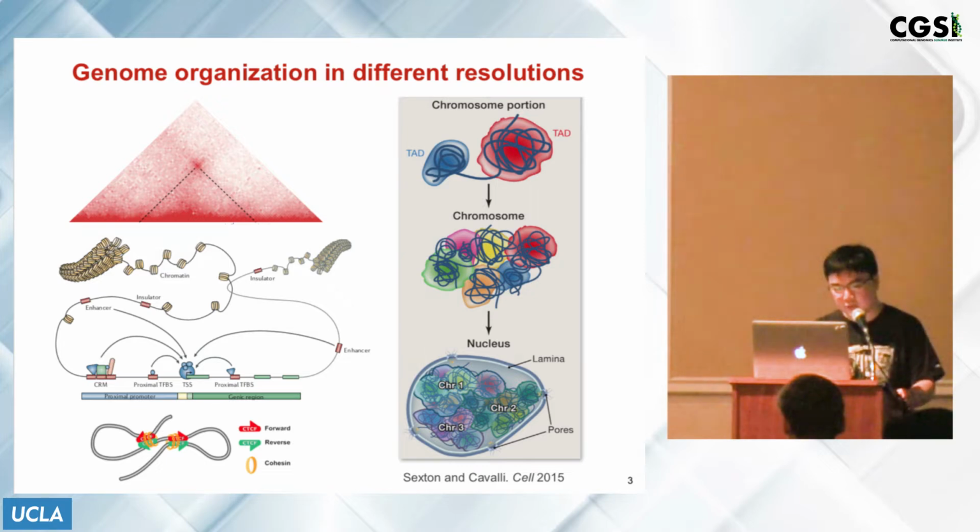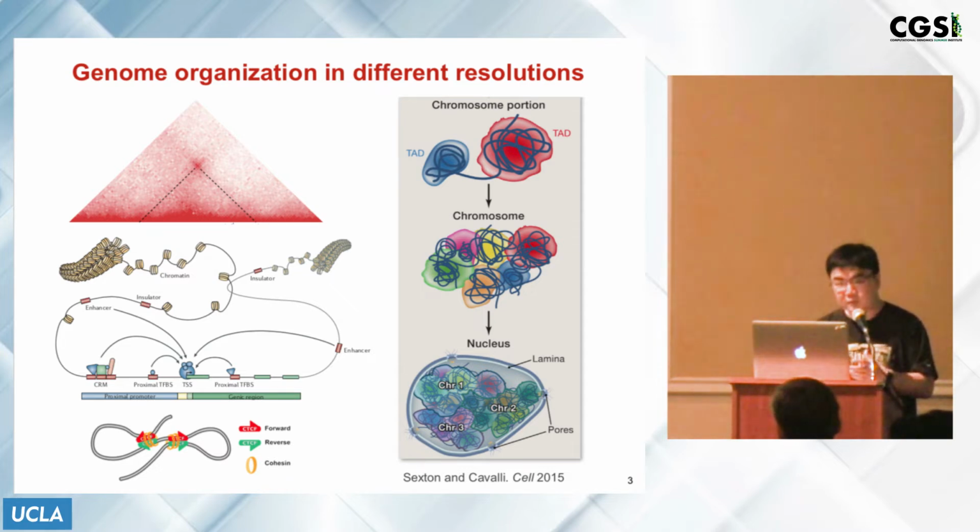For instance, there's a structure called the nuclear speckle, and there's also the nucleolus, centromere, and so on and so forth. So these chromosomes are folded into this three-dimensional space, and intriguingly, this folding and packaging is highly regulated.